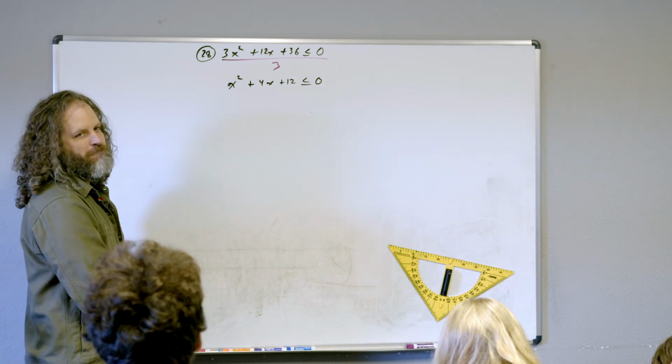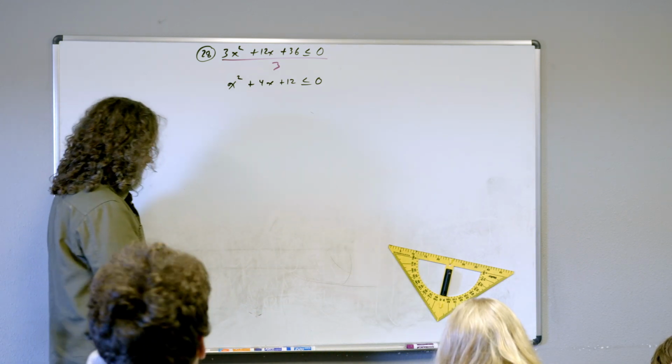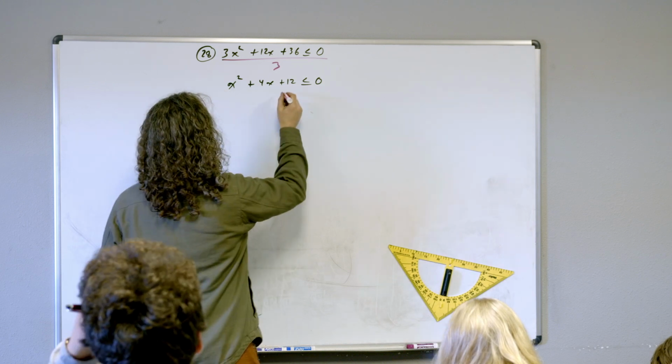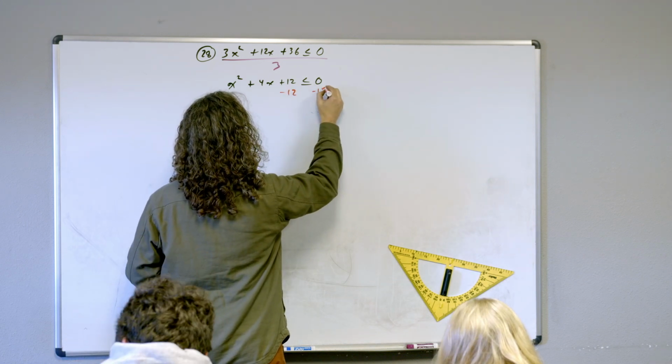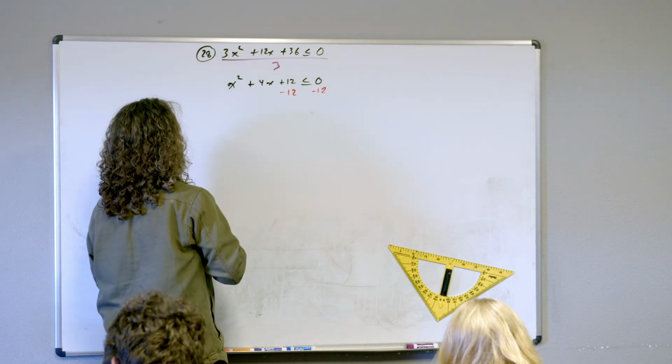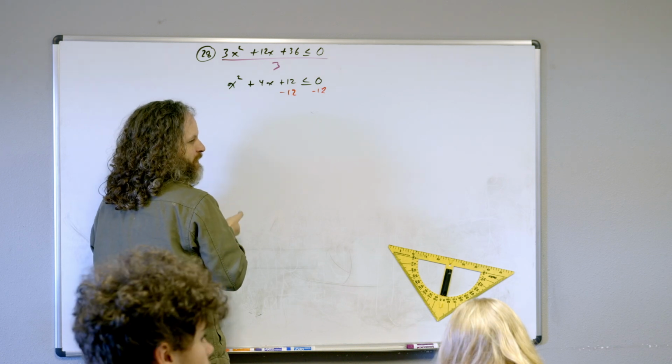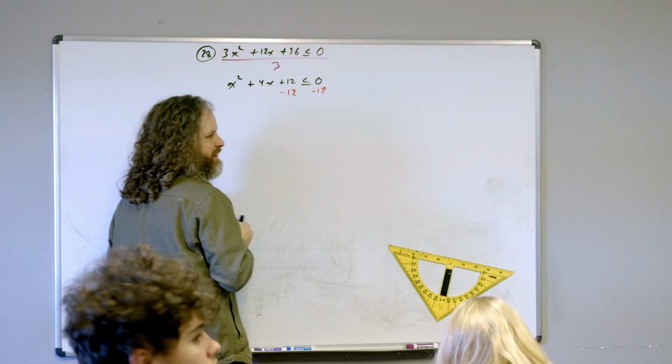Okay, now what? Sure, we can complete the square again. Why not? Yeah, you can do the quadratic formula: negative b plus or minus square root of b squared minus 4ac all over 2a.